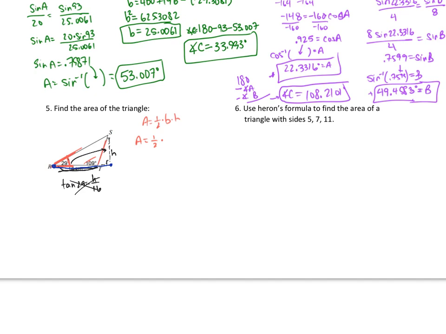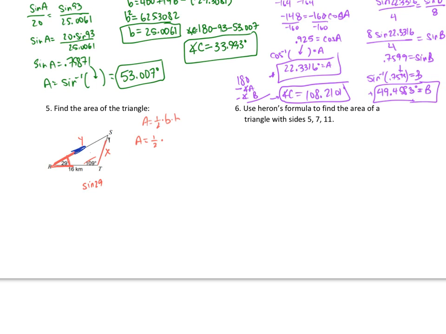So what you do need to do here, and let me erase a bunch of this stuff so that it's not in our way, is use the law of sines to solve for this missing side right here. Okay, so let's go ahead and set that up. We're going to say the sine of 29 over this. I'll call this x, and I'll call this piece y.